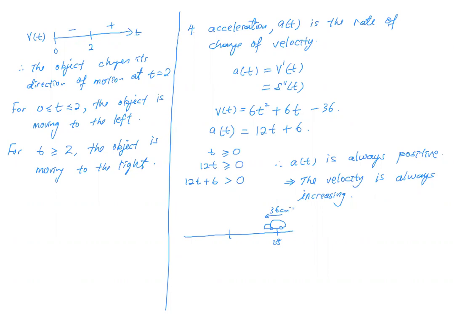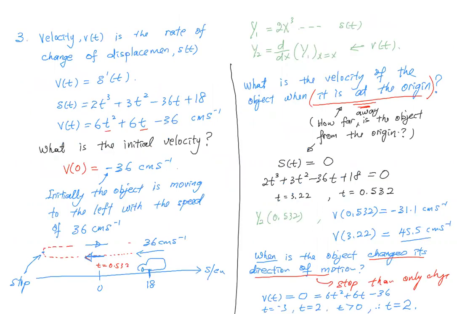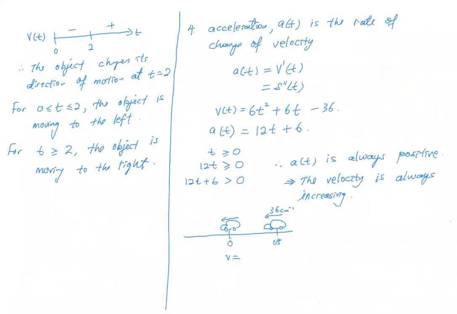Then at the origin, what is the velocity? The velocity is negative 31, correct? So it moves to the left, negative 31.